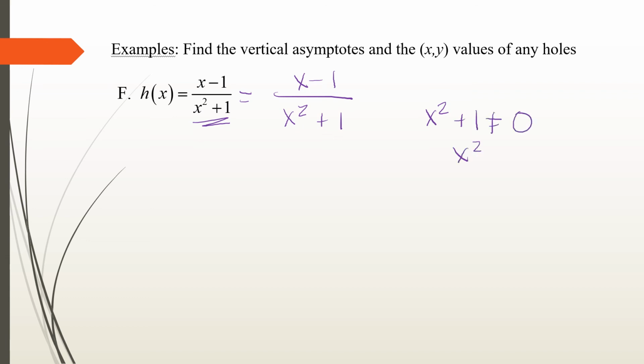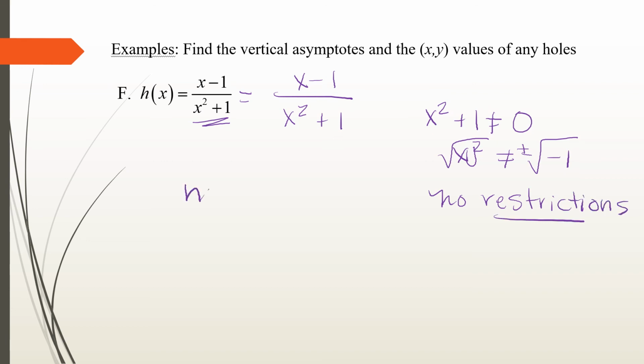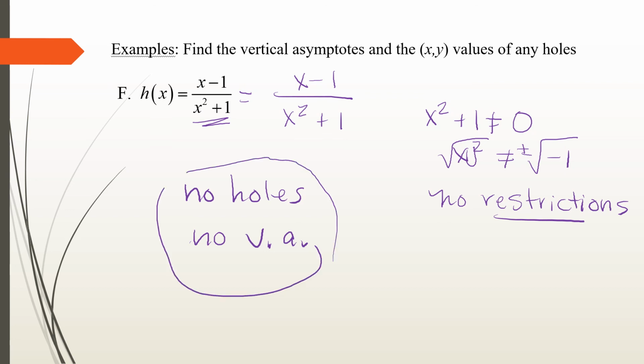Well, if you do that square root property again, you square root that, you end up with not real numbers. So there are no restrictions on the domain. If there are no restrictions, then there are no holes and no vertical asymptotes. And if that's what you're trying to find, you would be done.